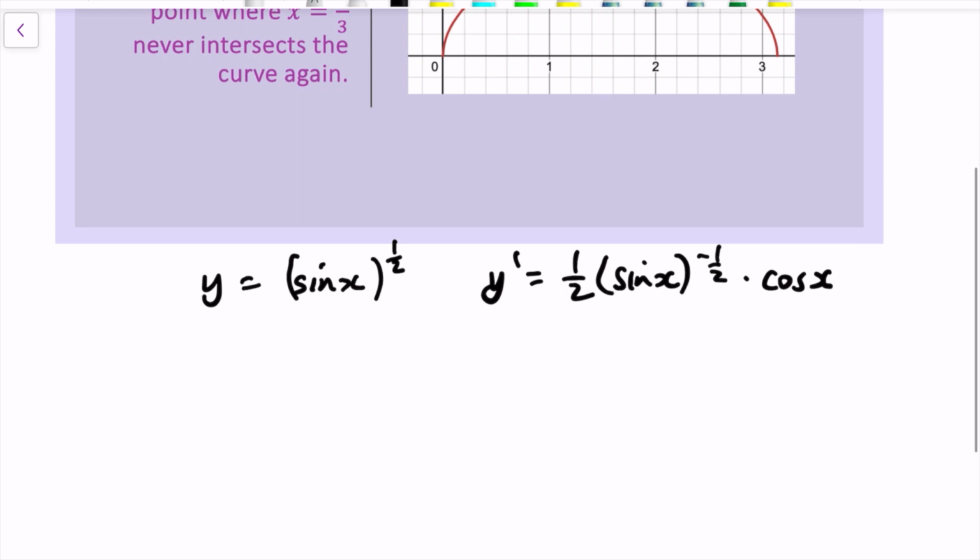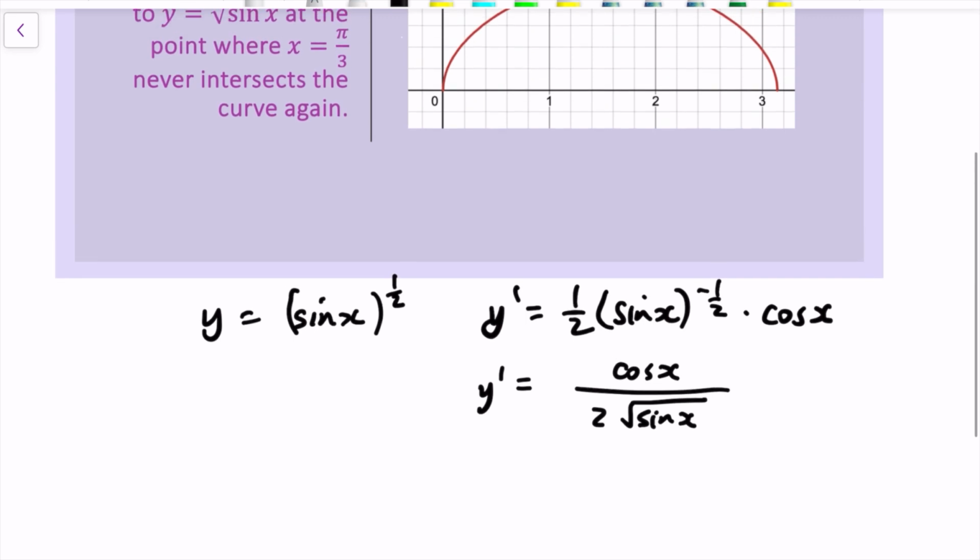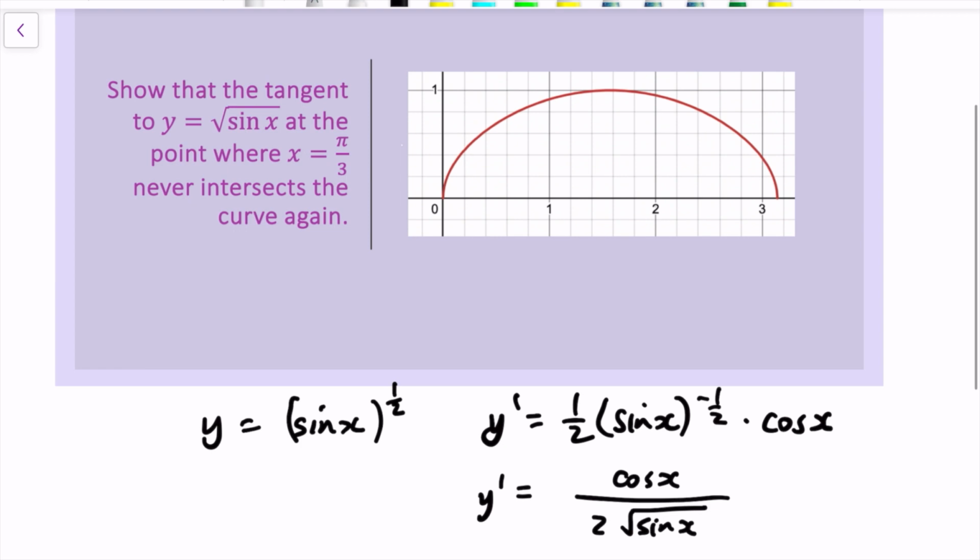It's the chain rule. We can tidy it up if we want. y dash is equal to cos x over 2 square root sine x. Now we need to sub in x equals pi over 3. We're looking for the gradient at that specific point. A quick estimation there: it's a positive number.